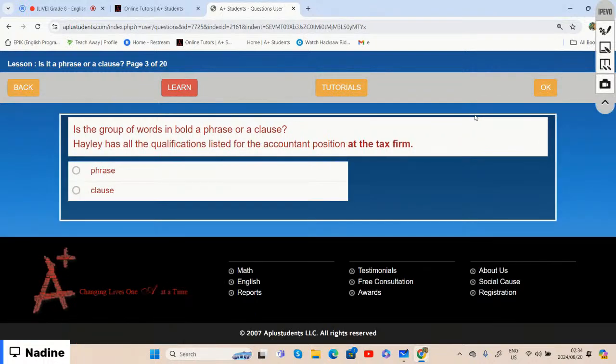So that is a clause. It's basically a complete thought that contains a subject and a verb, whereas a phrase is just a group of words that modifies the subject and the object.